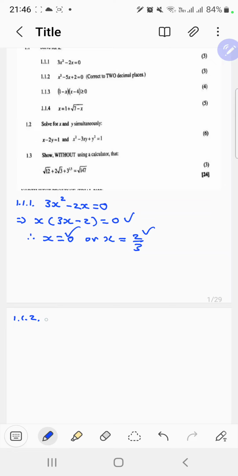1.1.2. Here we are given a standard quadratic x squared minus 5x plus 2 is equal to 0. With this one, it already tells you cannot factorize, so we go straight to the quadratic formula. Of course, completing the square and using the quadratic formula is one and the same thing, but approached differently.